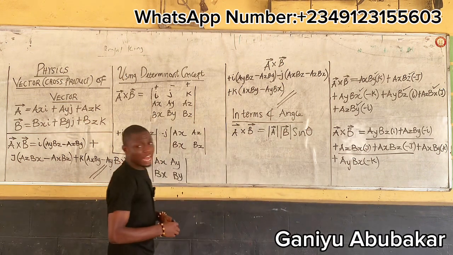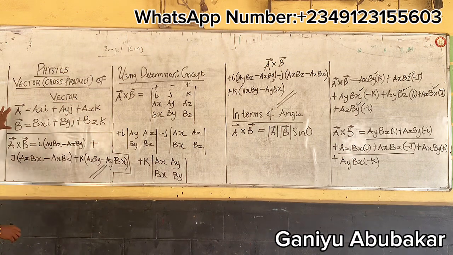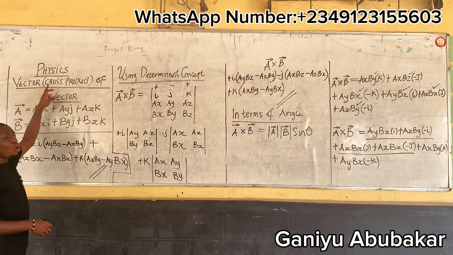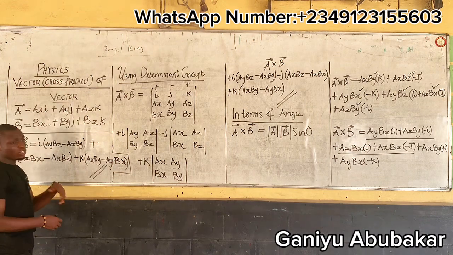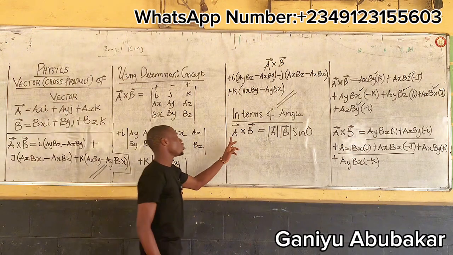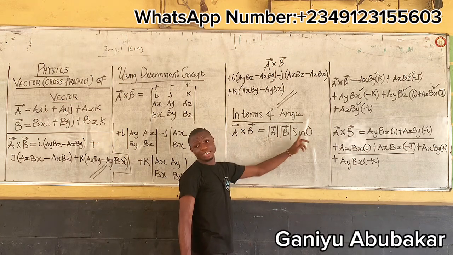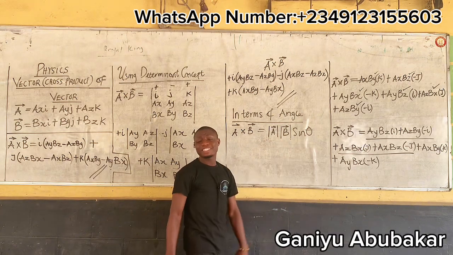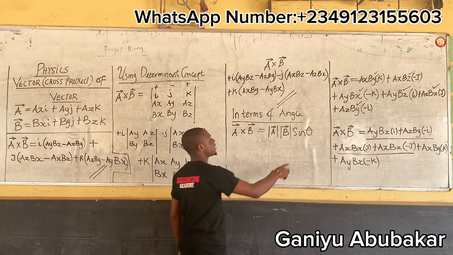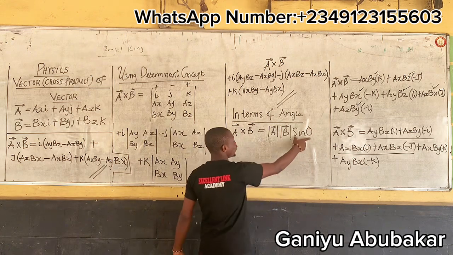If I'm told to find the angle in between two vectors under cross product, the concept is simple. I'll have the cross product of two vectors equal to the magnitude of vectors A and B sine theta. In this case, let's make theta subject. I have to make sine theta subject first, Abi.